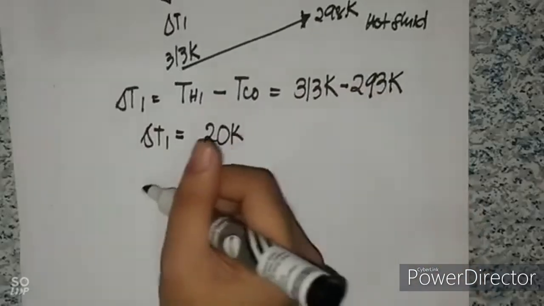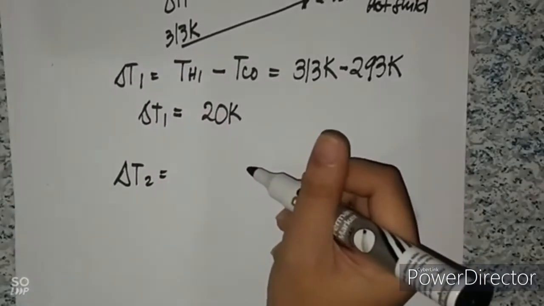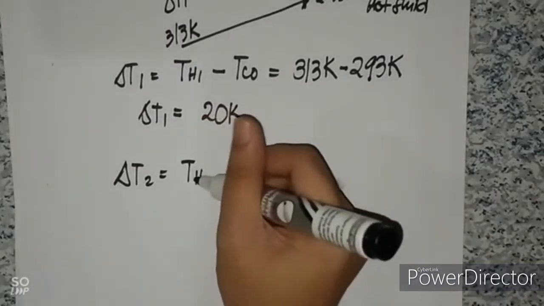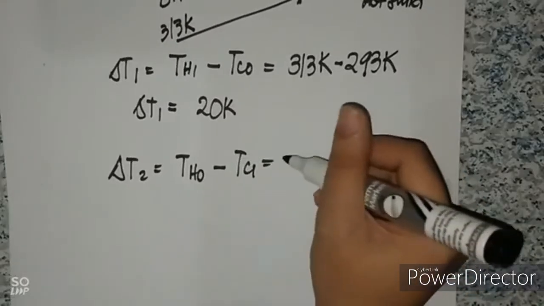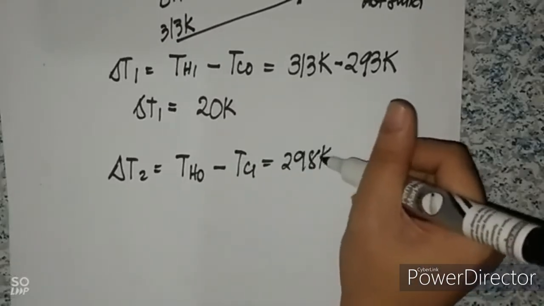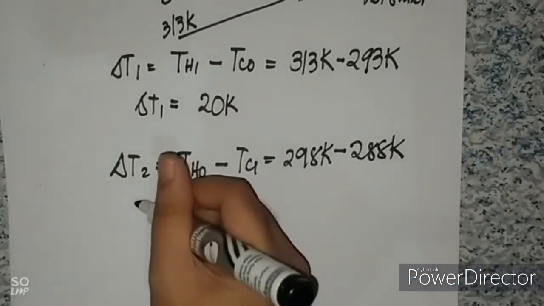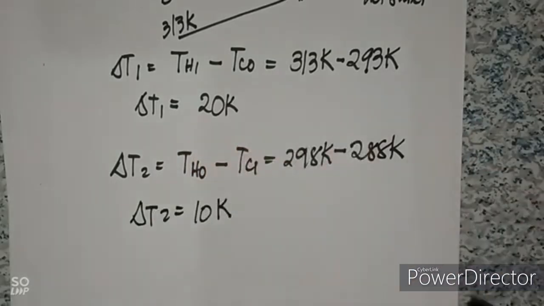In calculating delta T2, that would be the temperature of the hot fluid that leaves minus the temperature of the cooling water that enters. That would be 298 Kelvin minus 288 Kelvin, and our delta T2 is equal to 10 Kelvin.